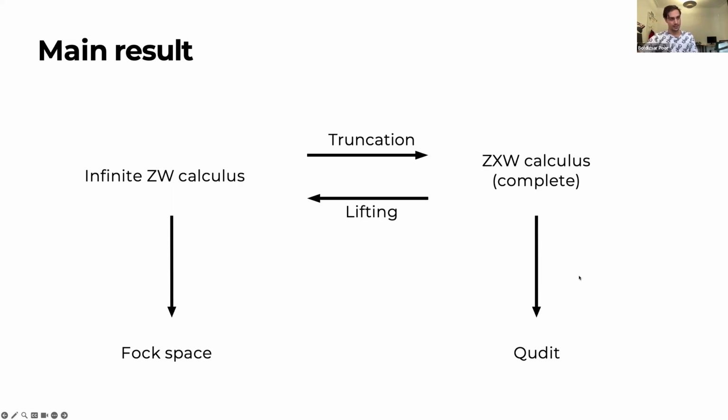You can do your reasoning here, any kind of reasoning. And then once you are done, you can lift your diagram back into the infinite ZW case. Effectively, through truncation and lifting, you reasoned about the infinite ZW calculus, while being able to use those structures that you were not given in the infinite ZW calculus.